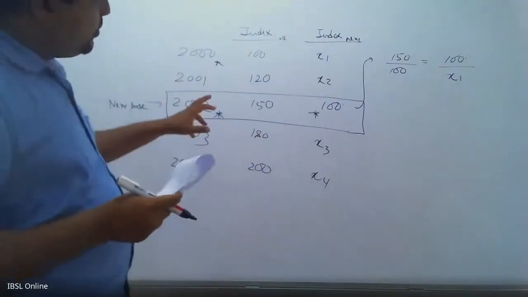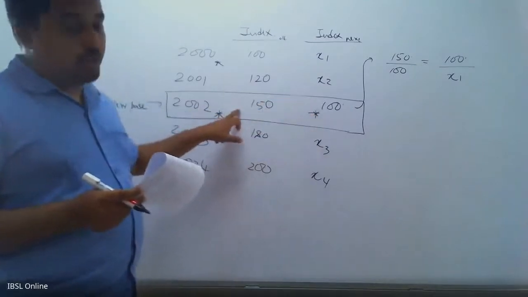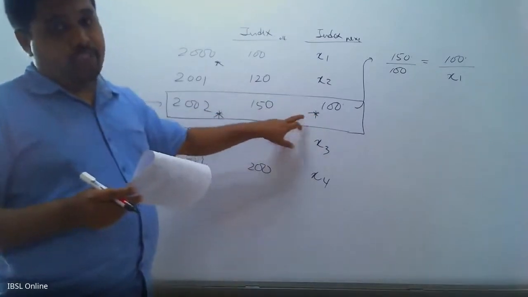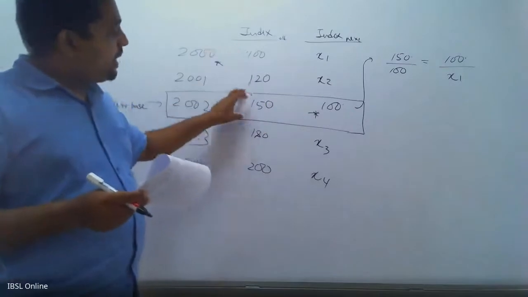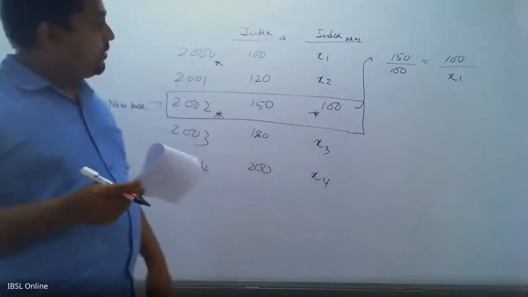Take a moment to absorb the logic. 150 to 100. Why did I change this value of 150 to 100? If that is the case, by the same ratio, this x1 should be defined.